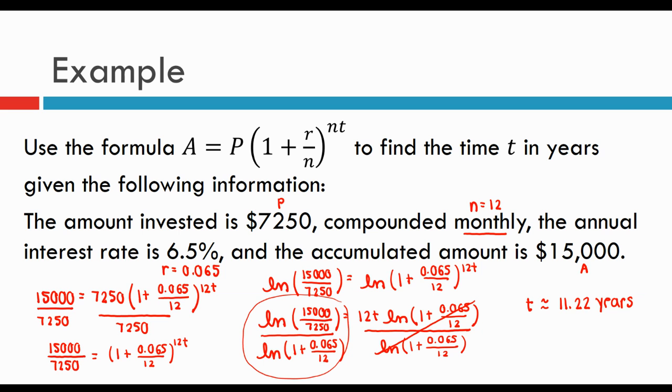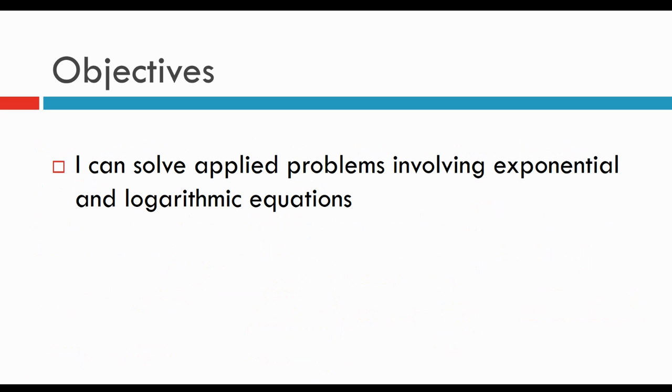Okay, so please let me know if you are not getting that in your calculator, but that is approximately the amount of time that it'll take to get from that $7,250 to the $15,000 based off of the compounded monthly and the 6.5% interest rate. Okay, so that's us solving applied problems involving exponential and log equations.